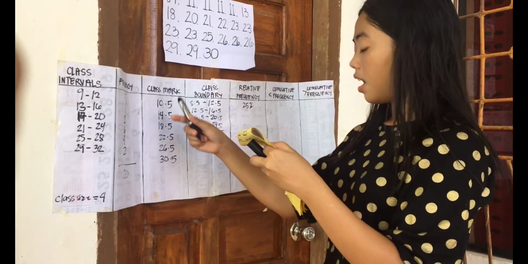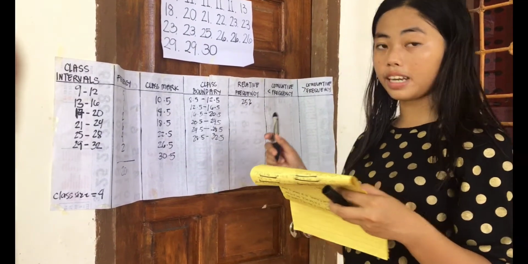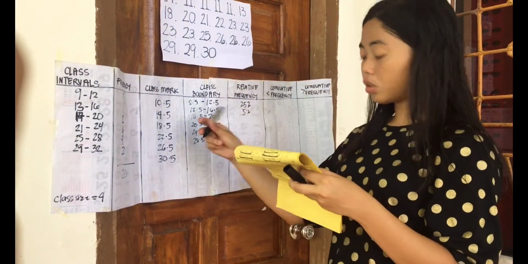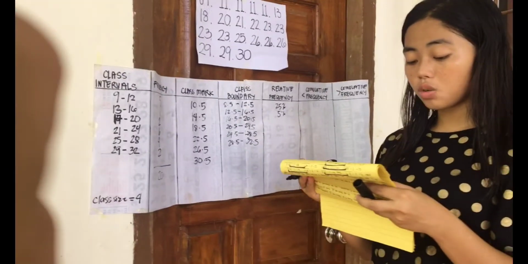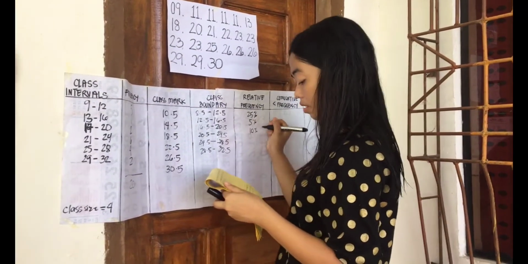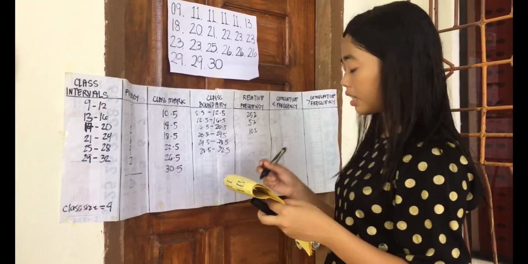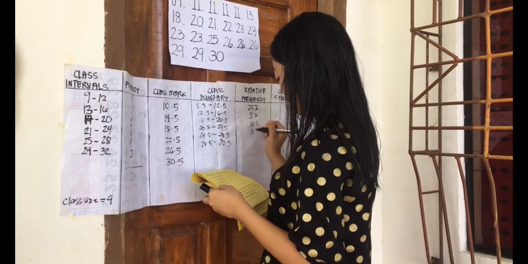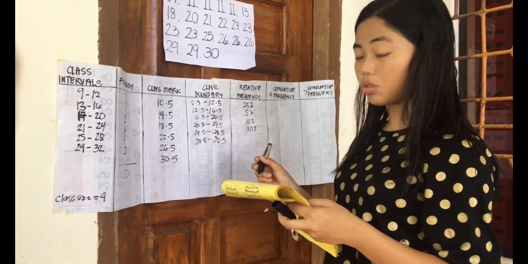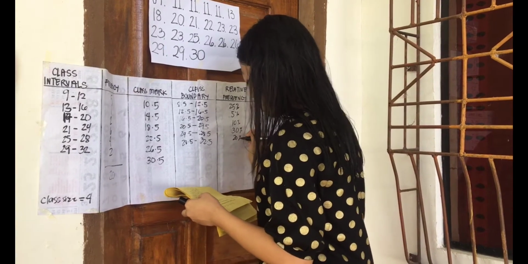Then 1 divided by 20 is 0.05 times 100 equals 5%. 2 divided by 20 is 0.1 times 100 equals 10%. 6 divided by 20 is 0.3 times 100 equals 30%. 4 divided by 20 is 0.2 times 100 equals 20%.